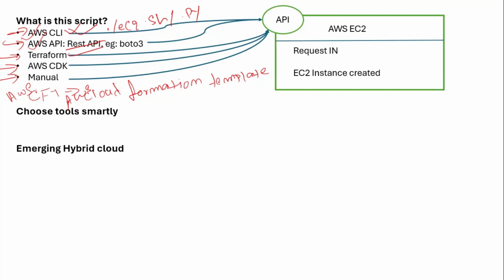Now, instead of straightforwardly saying that, okay, fine, I'll be using Terraform to create resources, what if I say that I'll first analyze if my organization is going to stay with AWS cloud only for a pretty long period of time, say for the next 10 years. If my organization is going to remain with AWS cloud only for the next 10 years, I won't choose Terraform as an option.